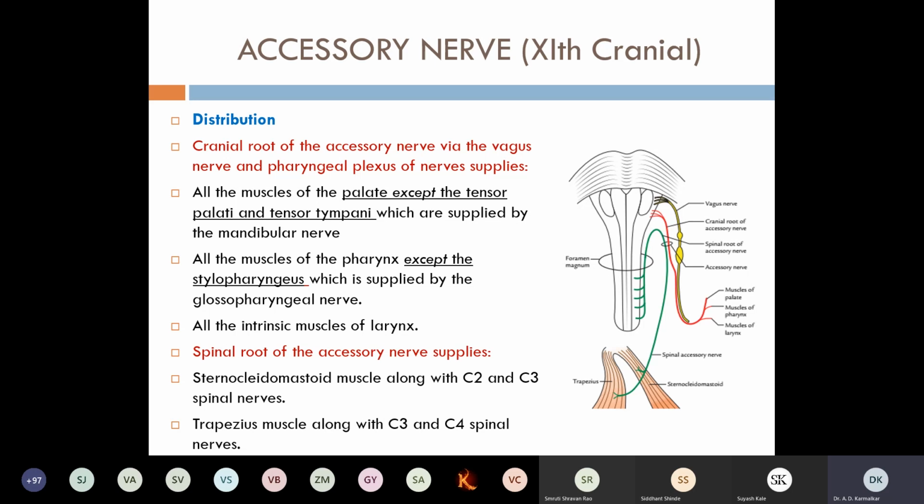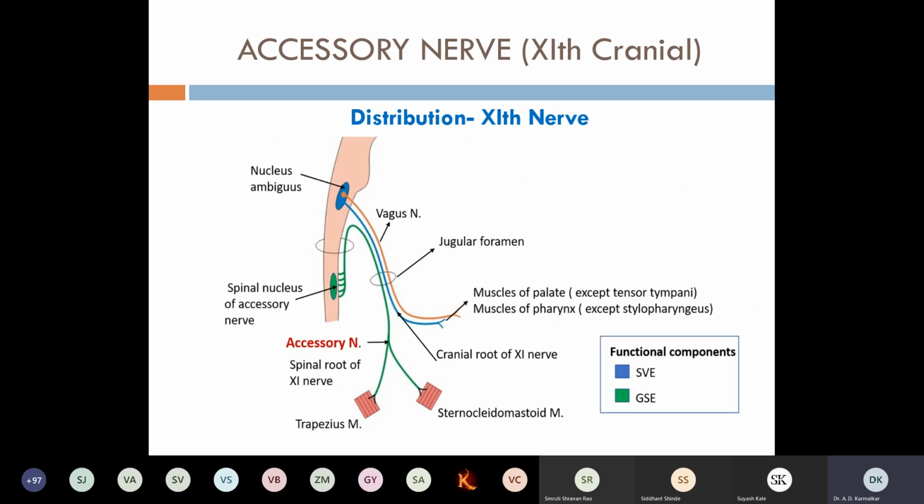Sternocleidomastoid muscle, if you see, the spinal root of the accessory nerve will supply the sternocleidomastoid muscle and trapezius muscle, along with the proprioceptive fibers. So this is to summarize all the functional components, the roots and the branches which are supplied here.